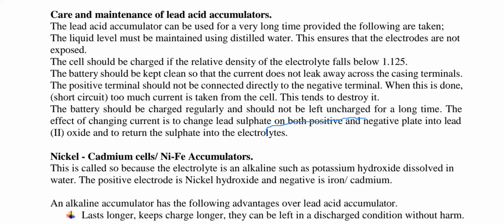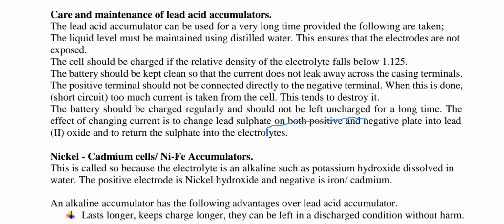Yes, sodium peroxide also is an alkaline. So nickel-cadmium cells use an alkaline as an electrolyte, for example potassium hydroxide. This one does not use an acid, it uses an alkaline. So differentiate between the lead acid accumulators and the nickel-cadmium cells or nickel iron accumulators.